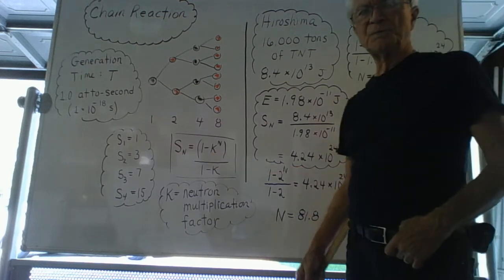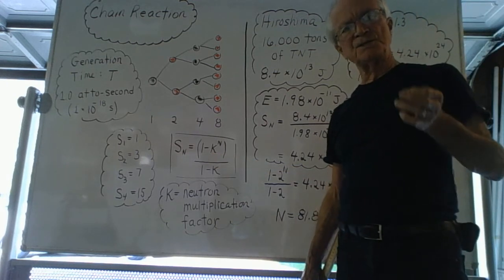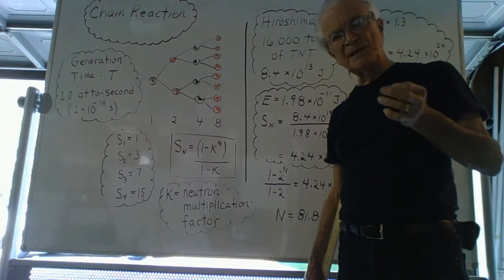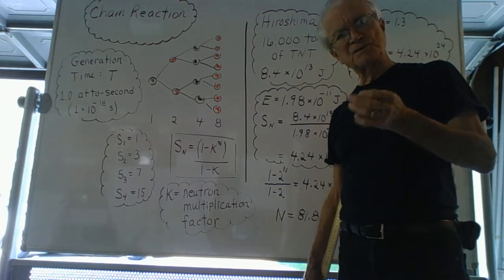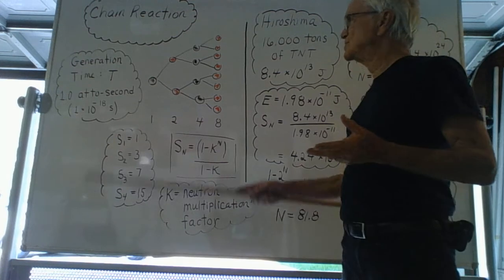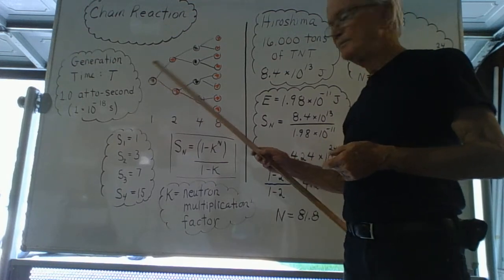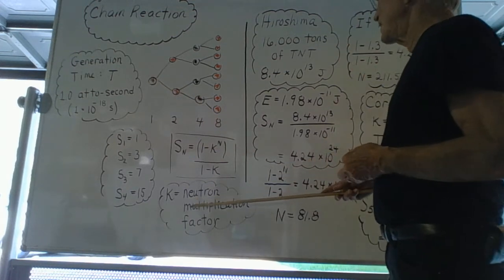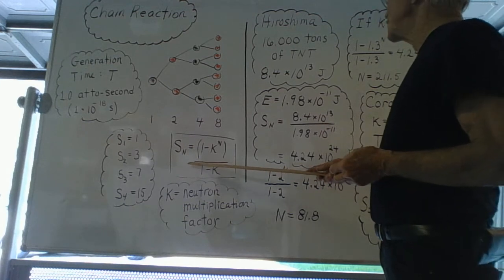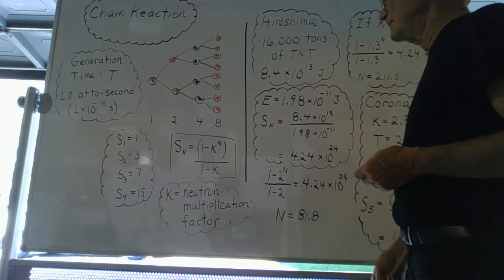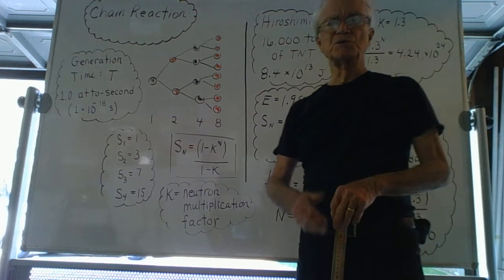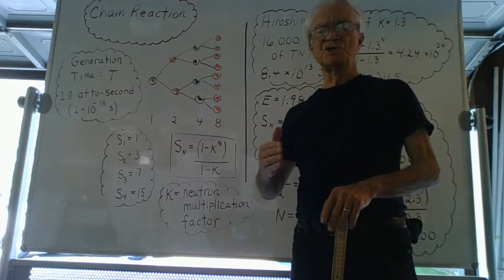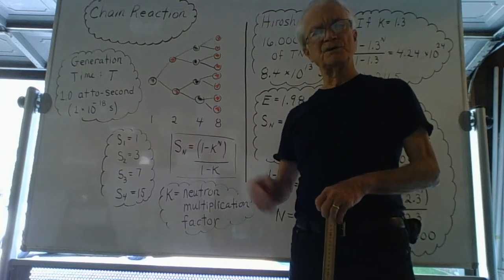The neutron multiplication factor K is the number of offspring each neutron gives birth to. In this example, it's 2. And so we have this important equation that can be put to use to calculate how many fissions will have taken place after one generation, 2, 3, 4, 20, 100.